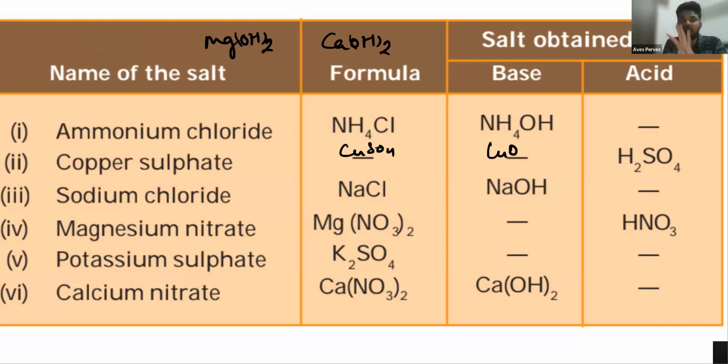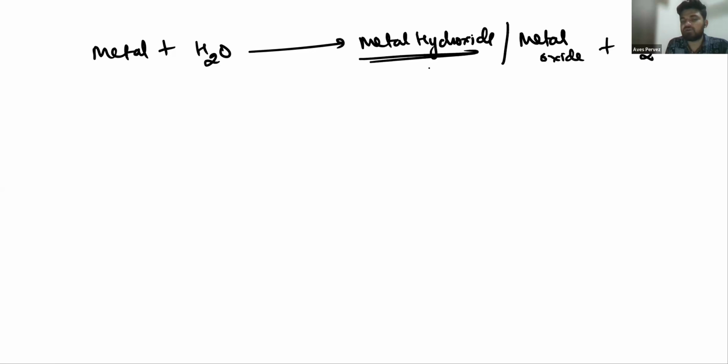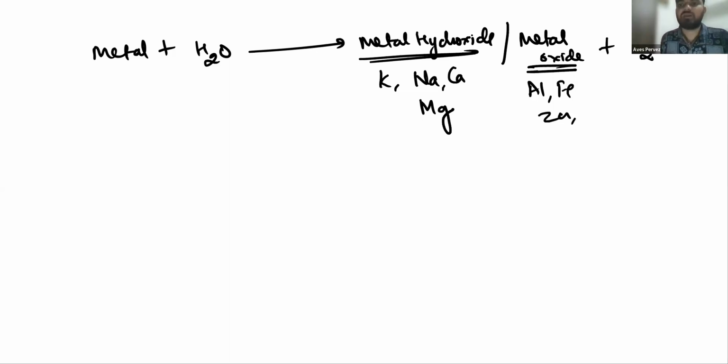Metals, when they react with water, form metal hydroxide or metal oxide, both are basic in nature, plus hydrogen gas. But the hydroxide is formed by potassium, sodium, calcium, and magnesium. The other metals like aluminium, iron, zinc, what do they form? They form only oxides.